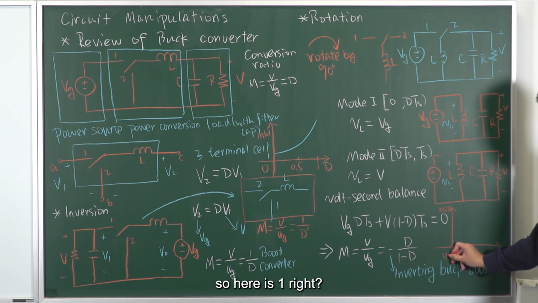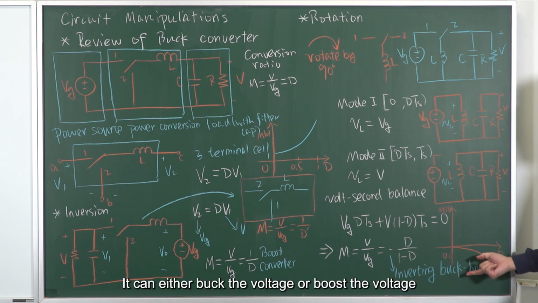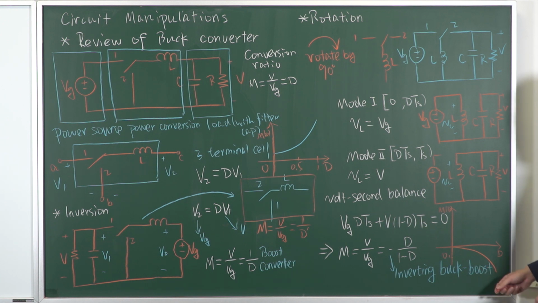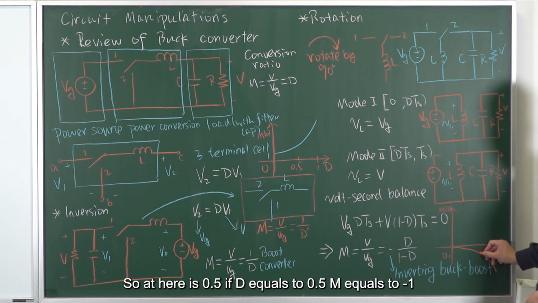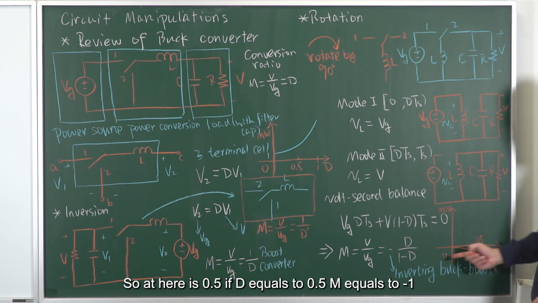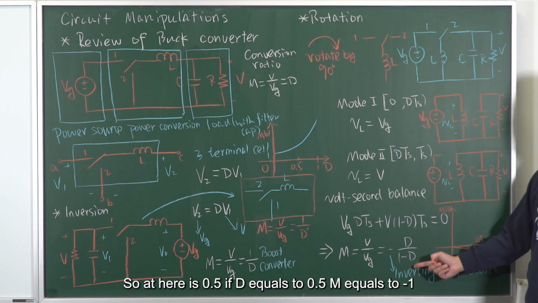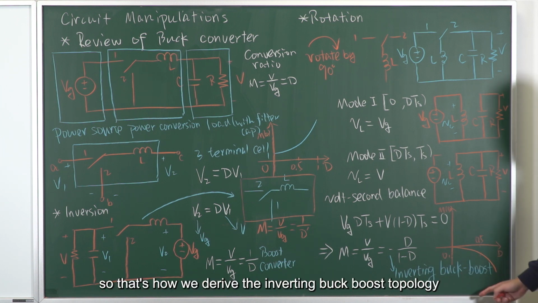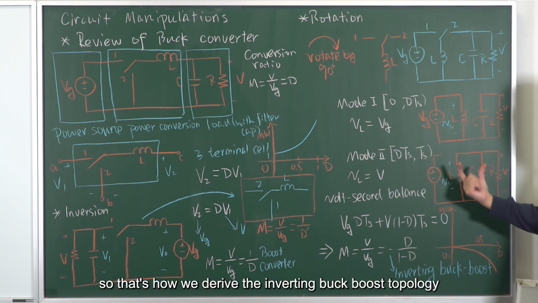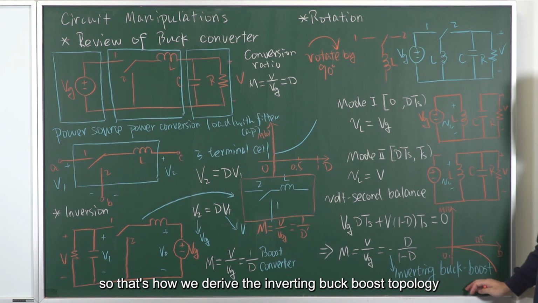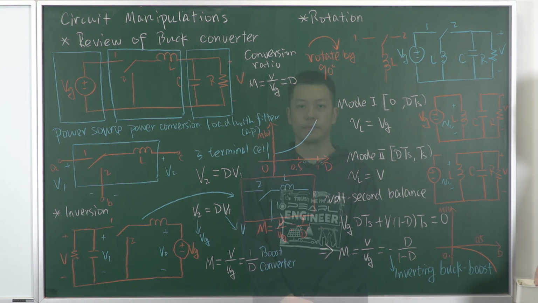So here is 1, right? It can either buck the voltage or boost the voltage. So here is 0.5. If D equals 0.5, M equals minus 1. So that's how we derive the inverting buck boost topology.